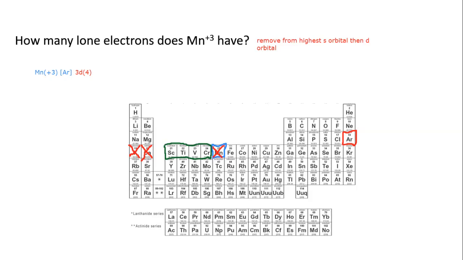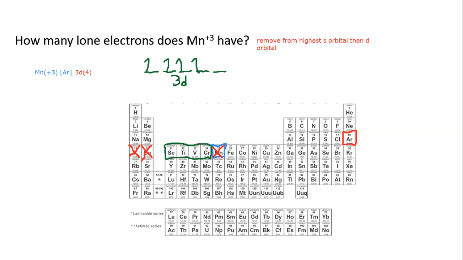Now if we look at the orbital diagram of this, 3d, we've got 4 d electrons, so we go 1, we've got to follow Hund's rule, 2, 3, 4.